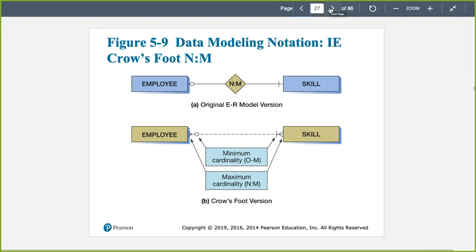So relationships can be ID dependent or non-ID dependent, identifying or non-identifying. Some cases are more like a slam dunk, like building and apartment. If you don't have a building, you cannot have an apartment. But sometimes, like in this case, employee and skill, it is a little bit ambiguous.